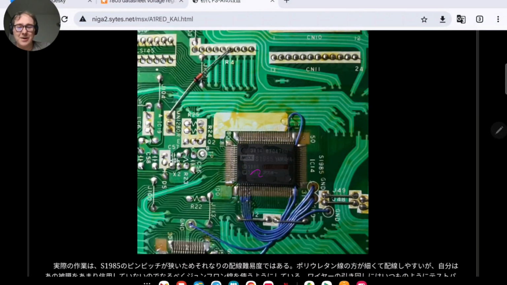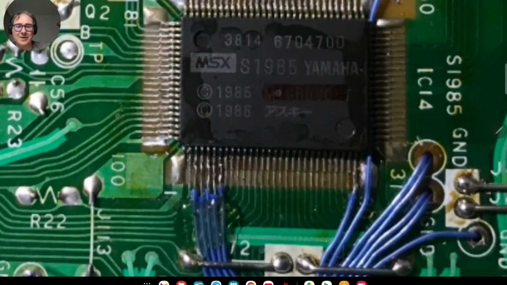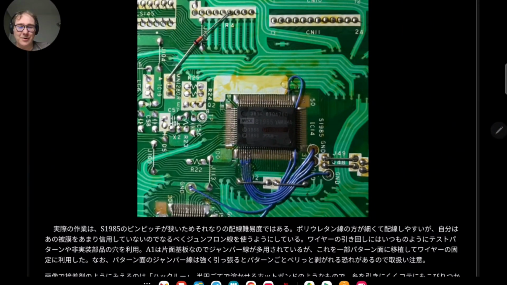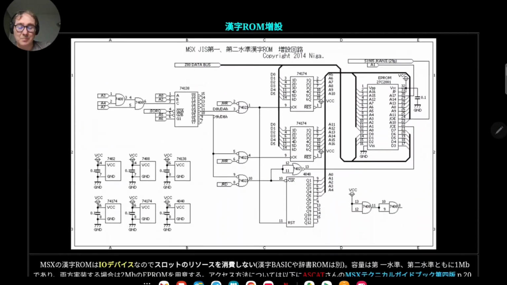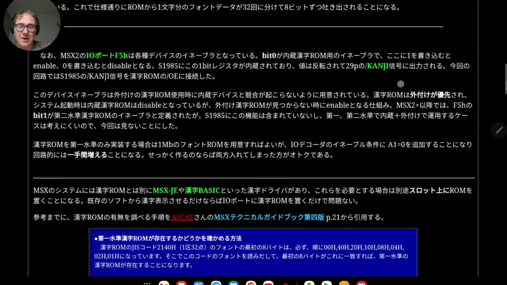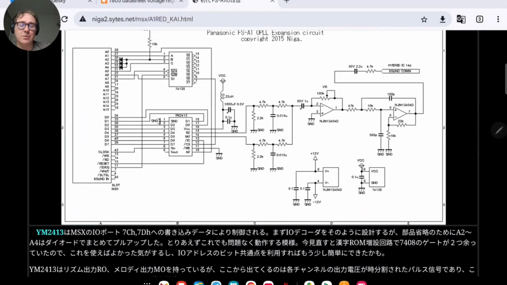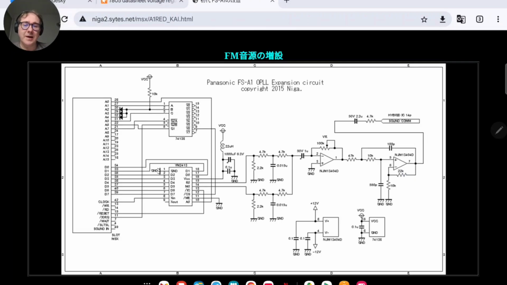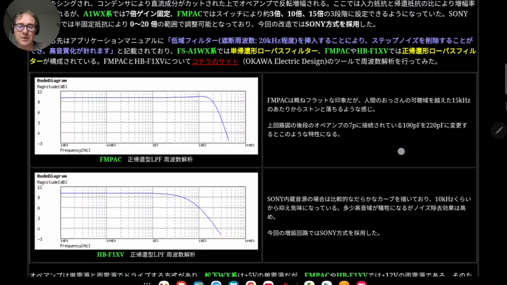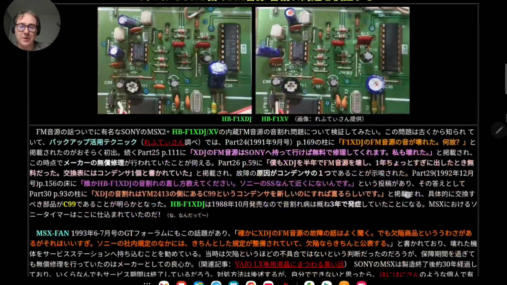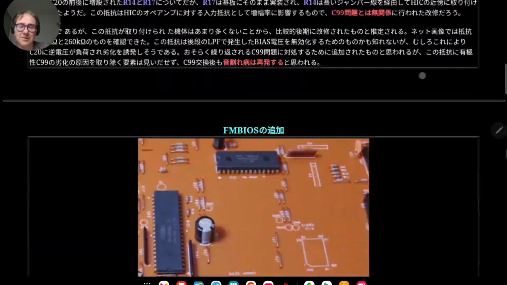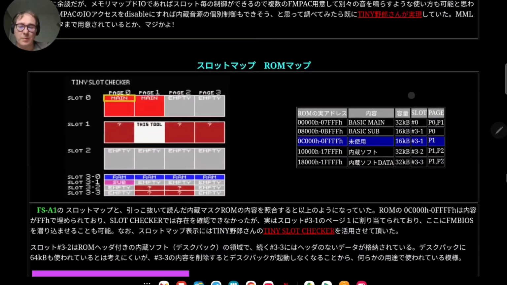Here you can see the kind of things that I wouldn't dare to solder. This is the MSX engine, so these micro connections there, this is something that I don't like to do, but some people are able to do this. And many other things. I don't know what this is. So, OPLL expansion circuit, so nice. Things about electronics. Anyway, lots of things that you can find on the website of Niga.